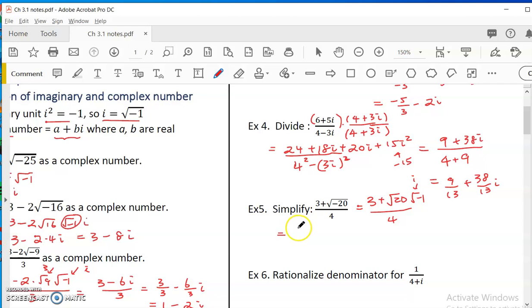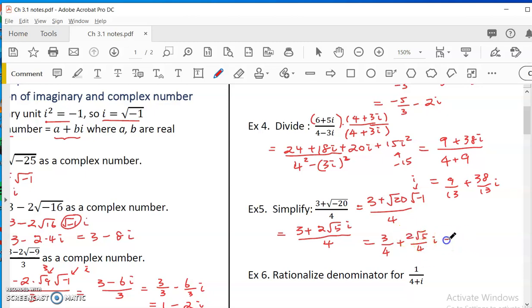So the square root of 20 can be simplified as 2 root 5, because it's 5 times 4, and then an i. This term is very complex: an irrational part, a real part, and an i, all over 4. You split it into the real part, 3 over 4, and the other one would be 2 root 5 over 4 i.